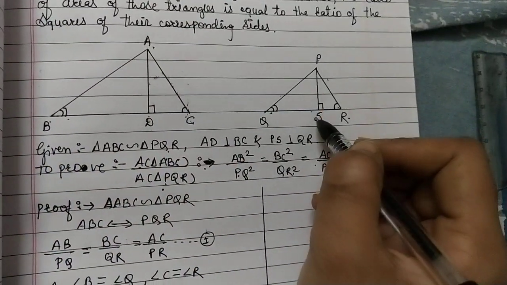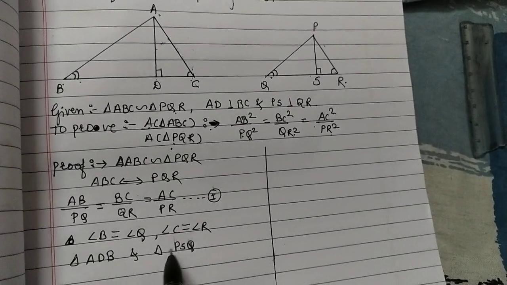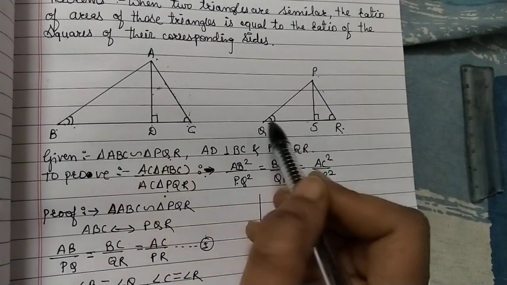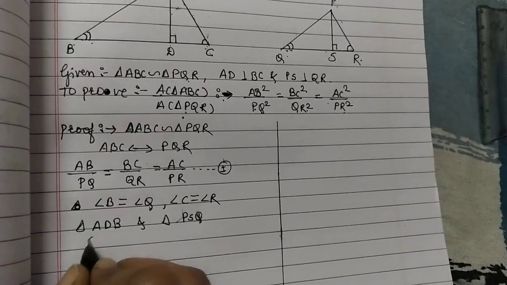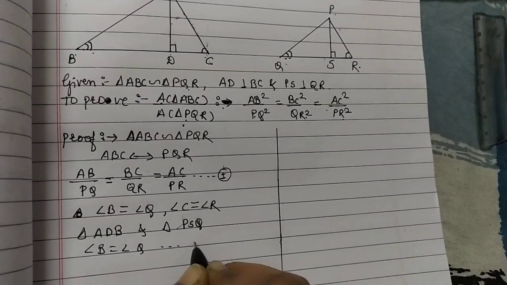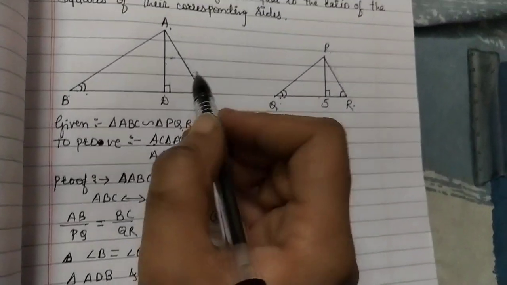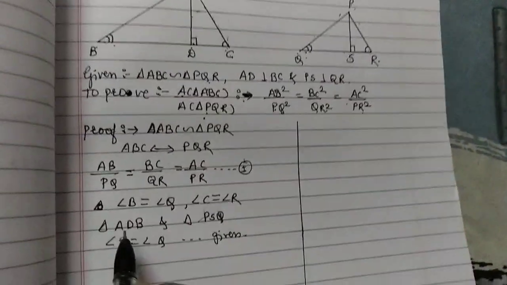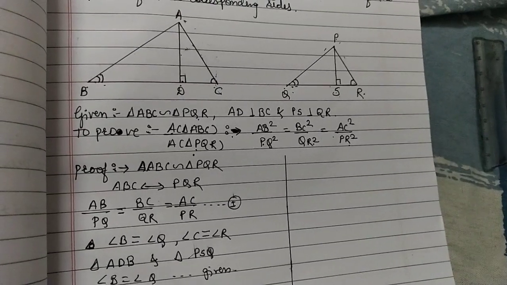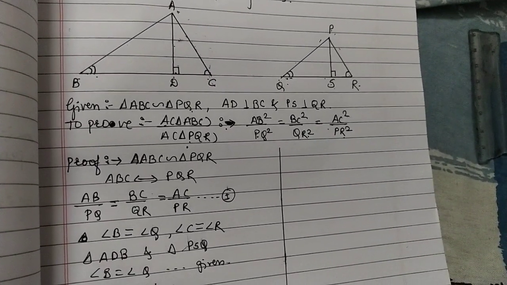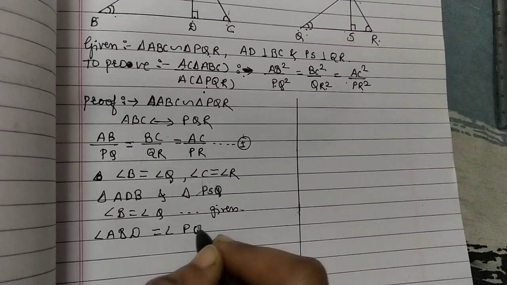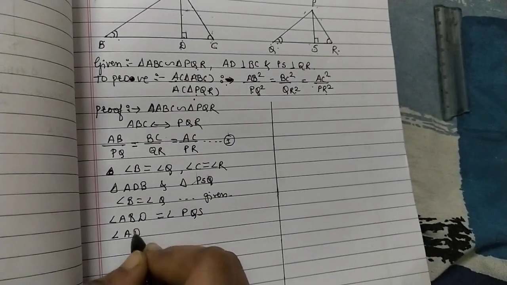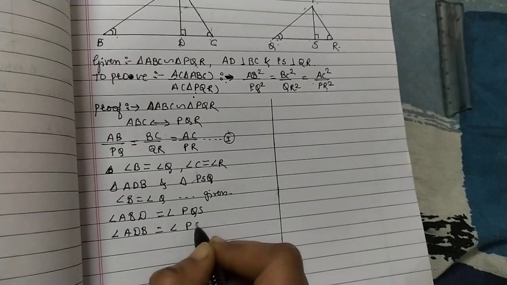In these two triangles, ADB and PSQ, angle B is equal to angle Q. It is already given to you, so I will write angle B equals angle Q. Now angle ADB will be equal to angle PSQ, since both are 90 degrees.